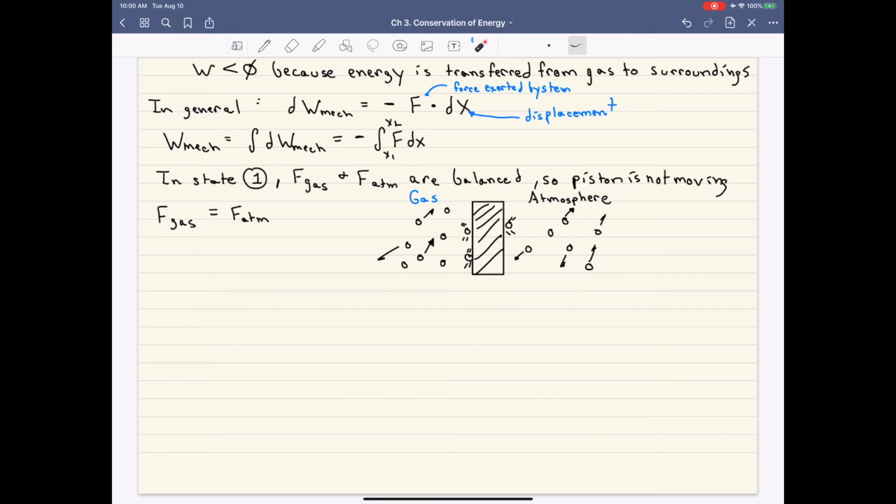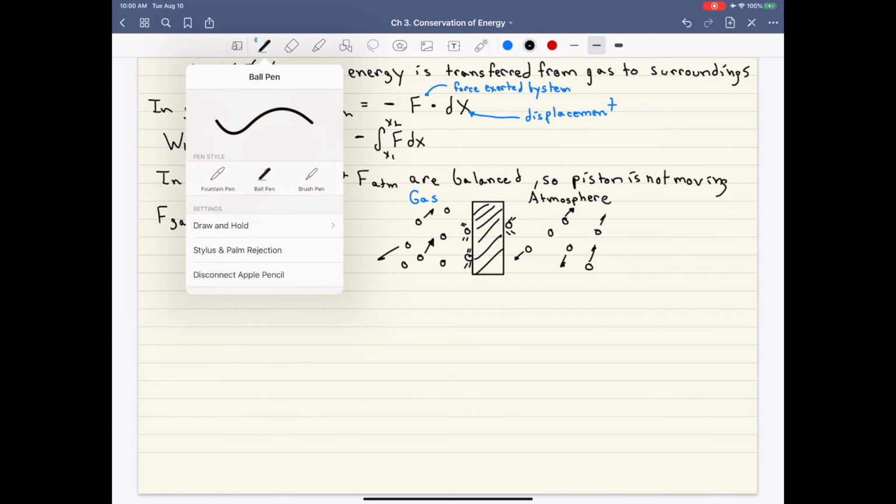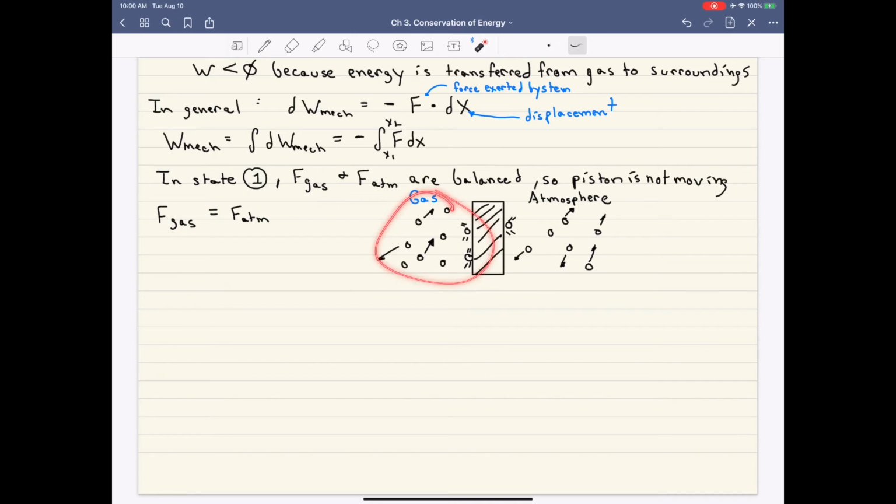And so when we think of F gas, essentially the molecules have some sort of energy, and they're bouncing into the face of the piston. Okay? All right, and so the way we could estimate the force exerted by the gas is by taking the pressure of the gas and multiplying it by the cross-sectional area of the piston.